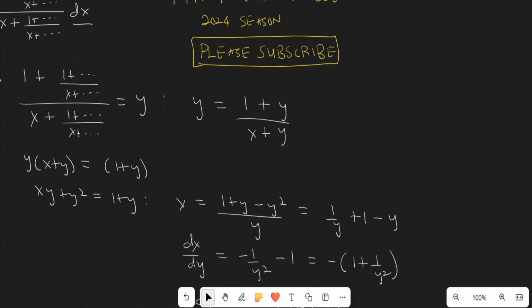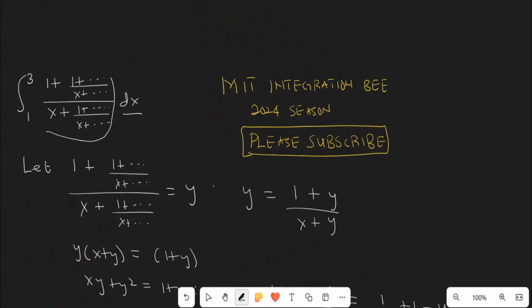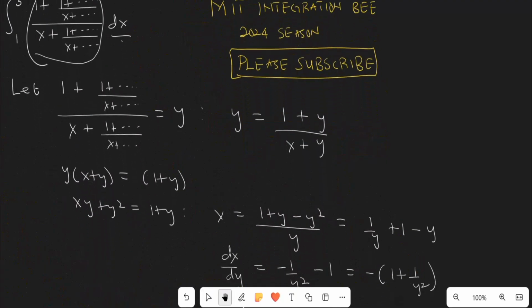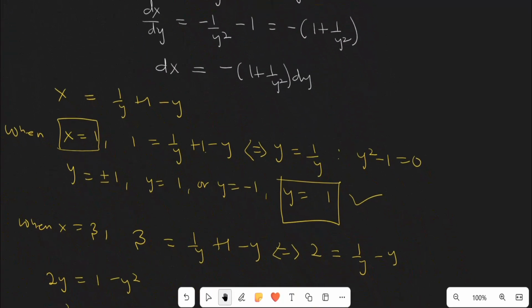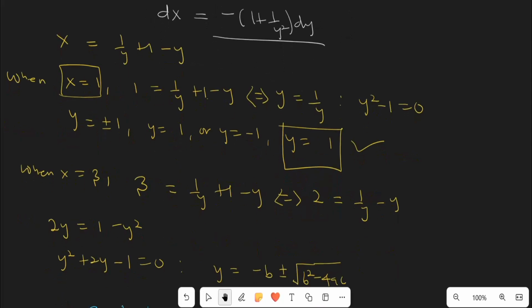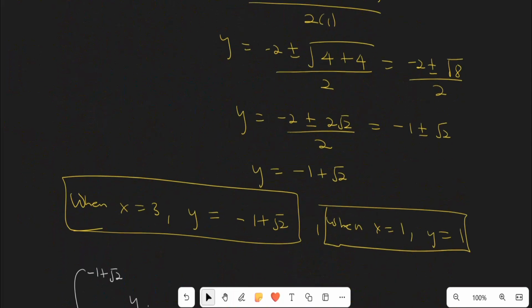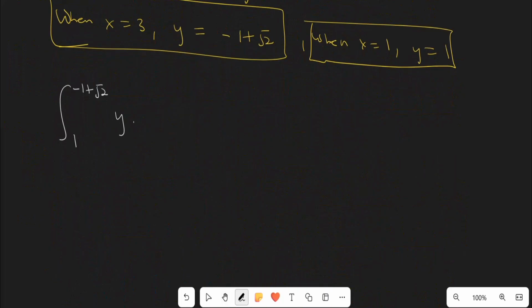Remember, this one is y times dx, and for dx we found an expression, which is this one: negative 1 plus 1 over y squared, times dy. All this is multiplied by y, and then the negative can go all the way in front.